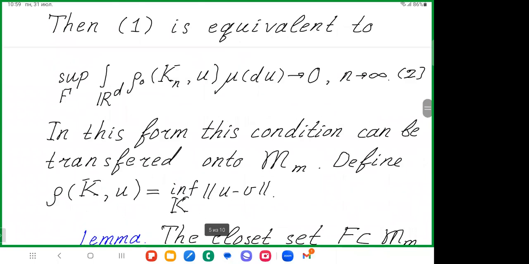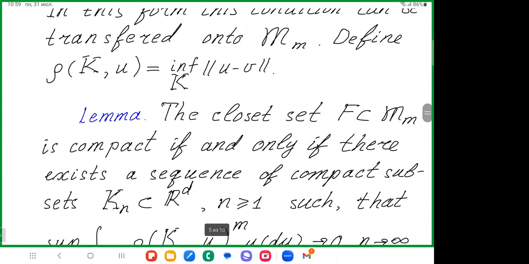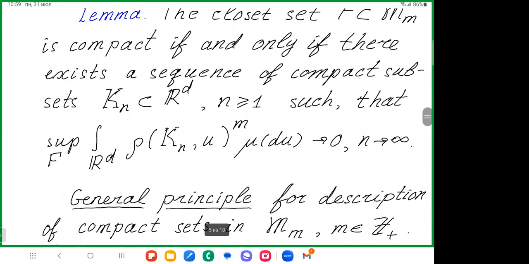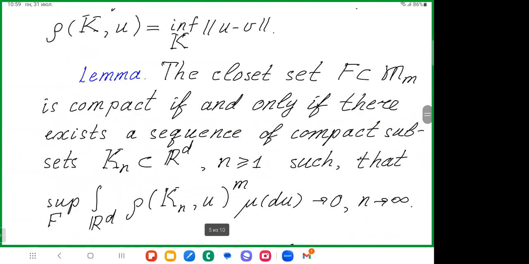In the case of all probability distributions which have finite moment, we need to have such a sequence of compacts that the sup of integrals where we have the distance to the compact in the m-th power also tends to 0 as n tends to infinity.